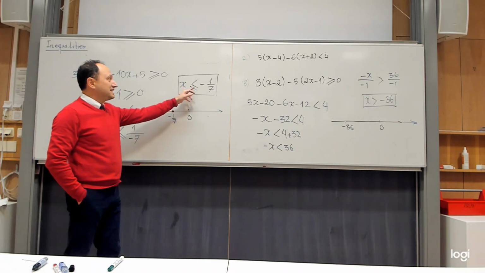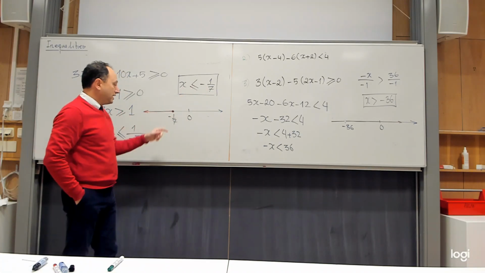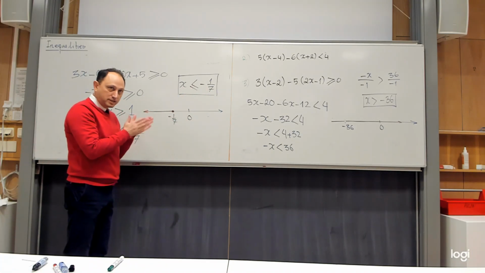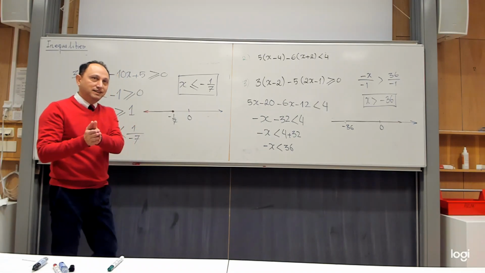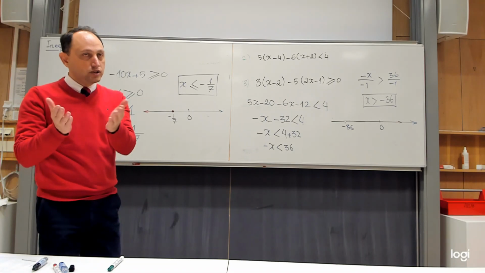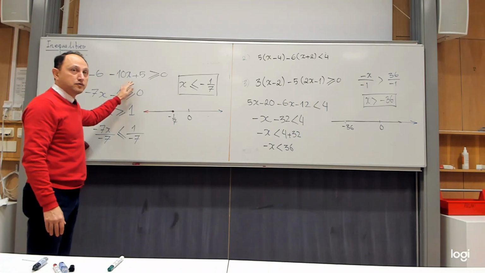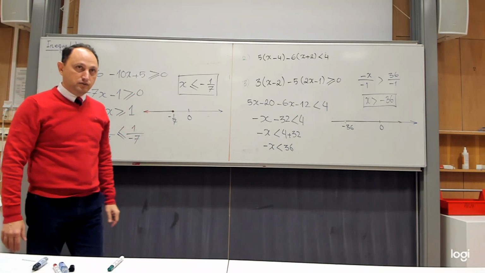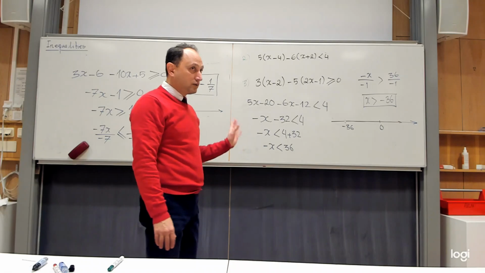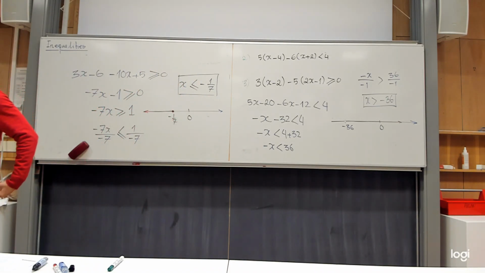If x is less than minus 1 over 7, it is also guaranteed that definitely it is less than or equal to minus 1 over 7. Yes. This is true. But this is a different problem. Here I am asking you to solve. To solve means find all possible values. You are not allowed to exclude something if it works. I understand. Yeah. Okay, let me also try to see how this works in GeoGebra.